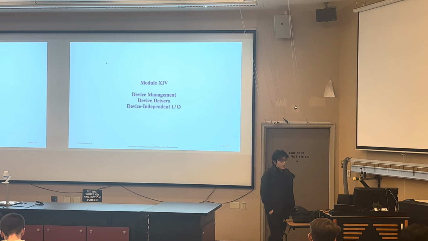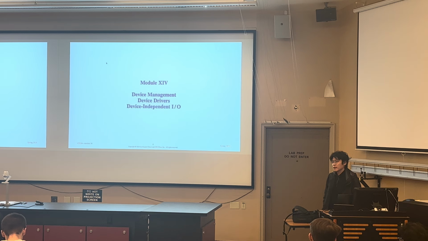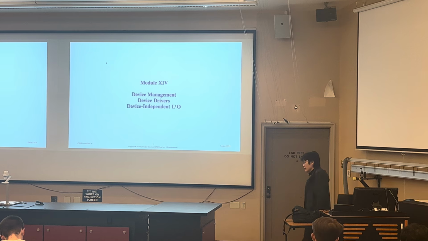Okay. So if you trace your file system operation, you might be able to, right, in the end, trace to device driver. So it's important, right, to understand device drivers.